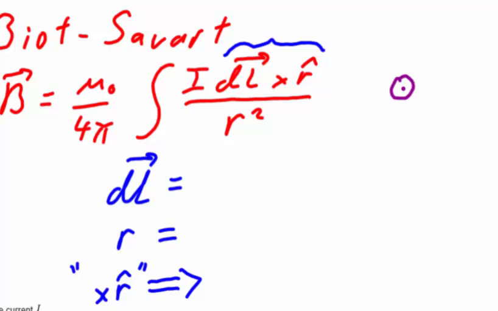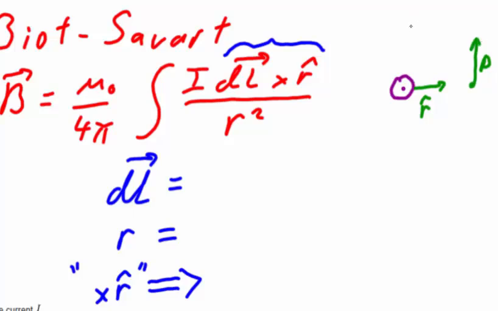If we were to attempt for that circle to perform a calculation, over here at the green dot, we recognize that the dl will point out of the screen and that the r hat will point in the direction towards the point P. Using the right-hand rule, we recognize that the dl crossed with r hat will be in a direction perpendicular to the plane formed by the two, and in this case will be over here.